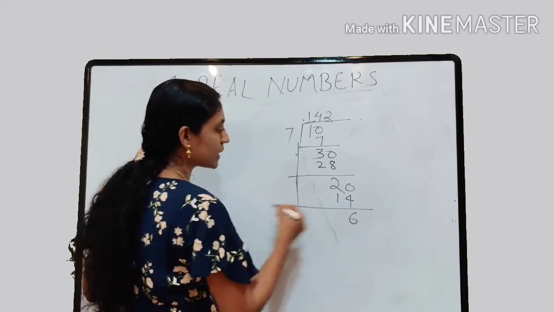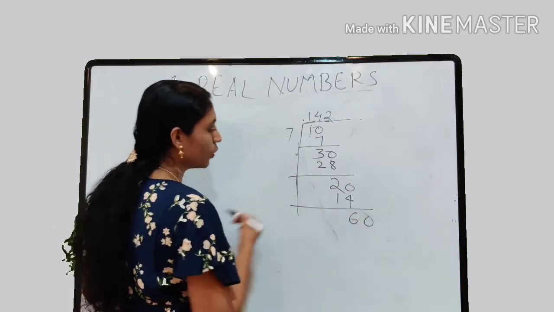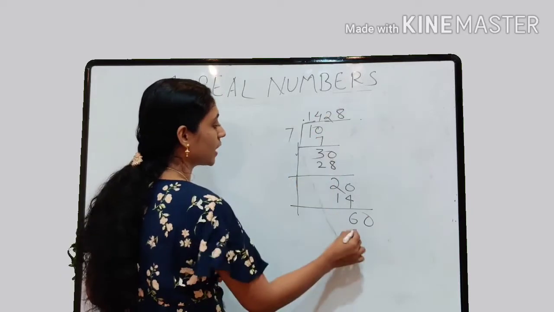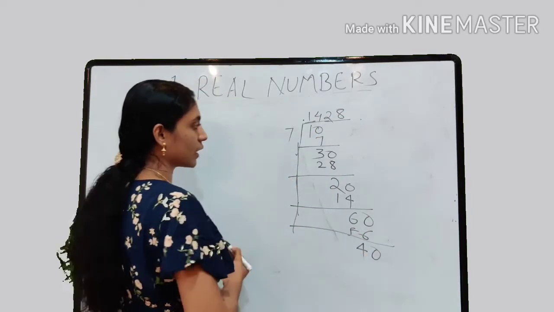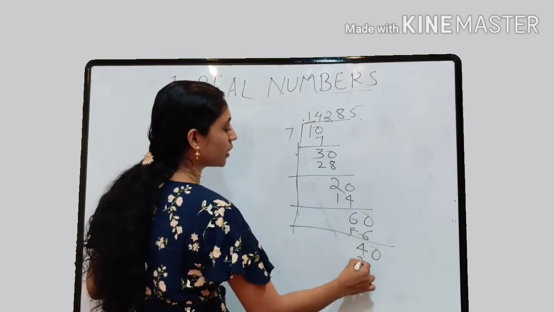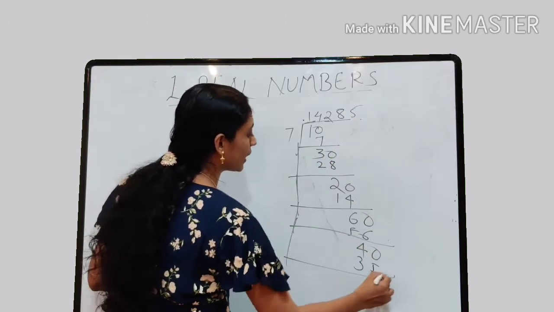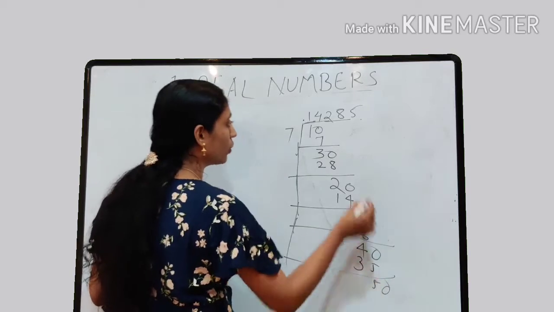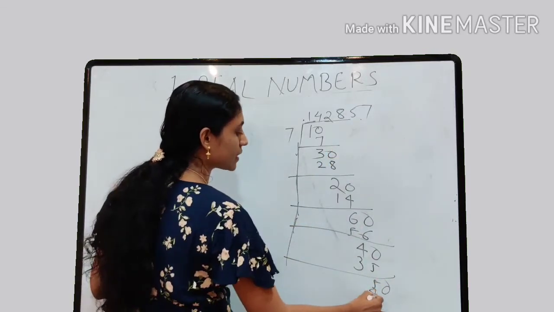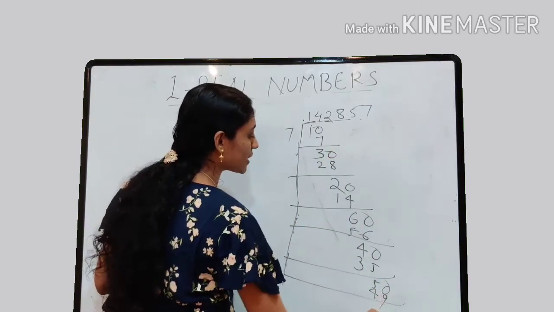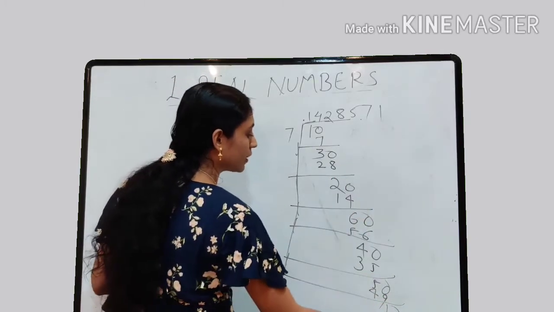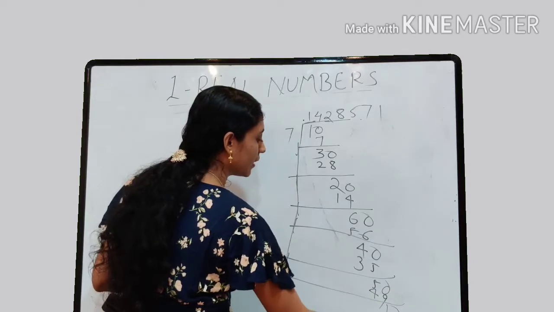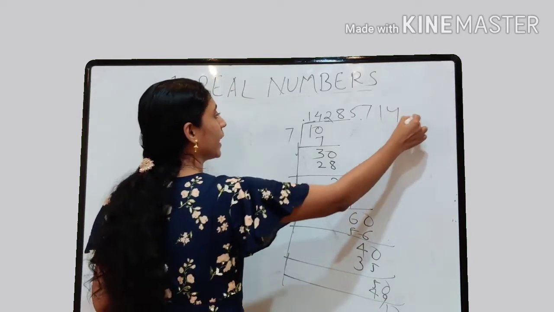Again the remainder is 6, putting 0, then 8, 56. Now the remainder 4, 0, 5, 35. Now the remainder 5, again putting 0, so that 7 7s are 49. Now the remainder 1, again putting 0. Now again 1, 7, remainder 3, putting 0, 4, like that.